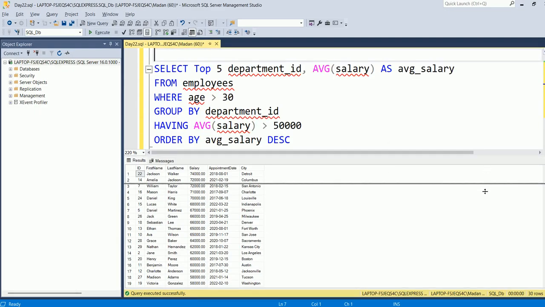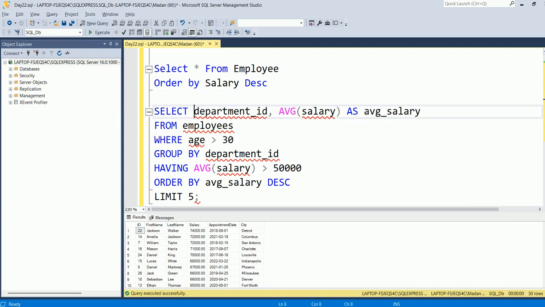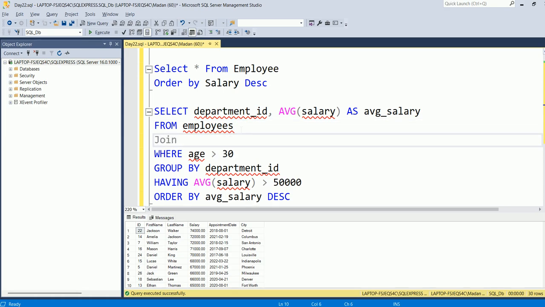Let's only talk about this query. Whatever is written after the from clause will execute; if there is any join, that will execute, and then the where clause.